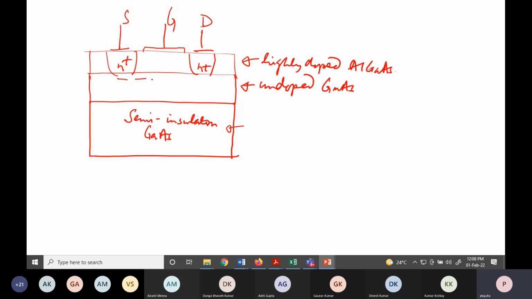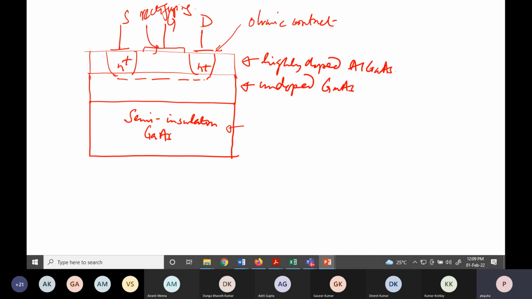This is the notch area through which the electrons will flow, or you can say this is the channel. It is on the gallium arsenide side, but at the gallium arsenide aluminum gallium arsenide interface. I also mentioned yesterday that the source and drain contacts are ohmic contacts, but the gate contact is a rectifying contact.